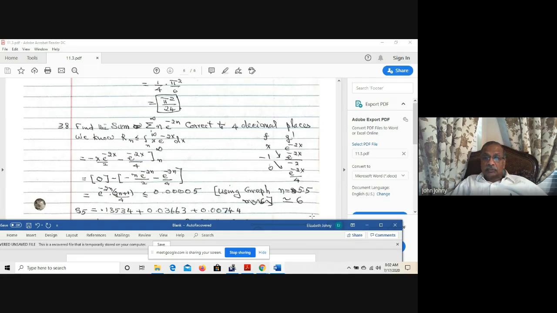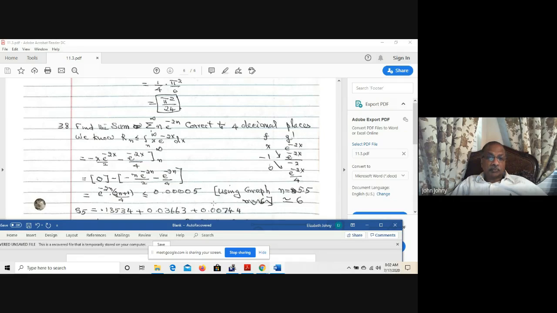When n is equal to 5, this expression is less than or equal to 0.0005. And so n is 5.5, that is approximately 6.